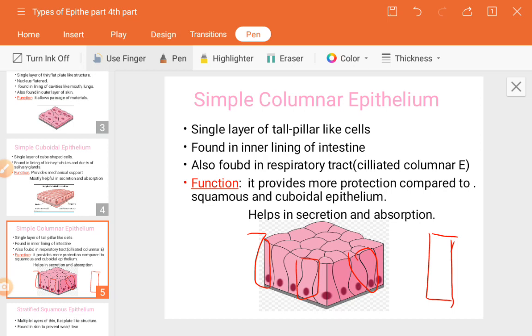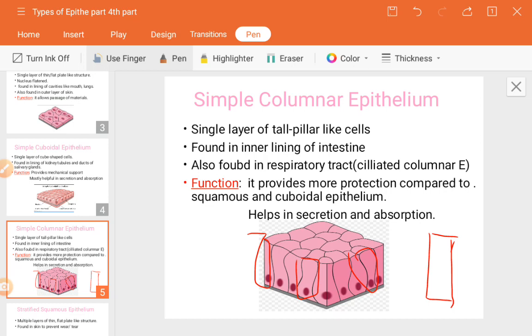Why do the hairs grow there? Just to stop foreign materials or particles from passing inside the respiratory tract. Why does this happen? Due to the presence of cilia, the hair-like structures present on the simple columnar epithelium tissue. They actually do this.